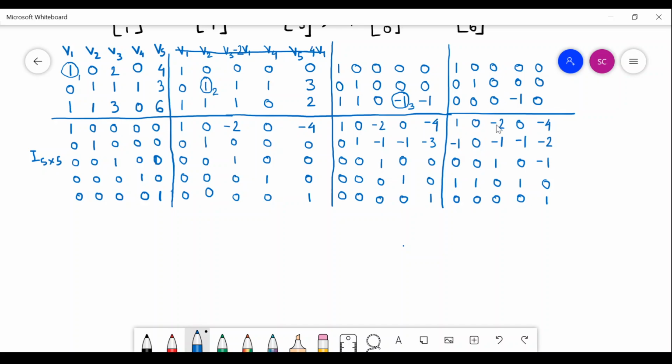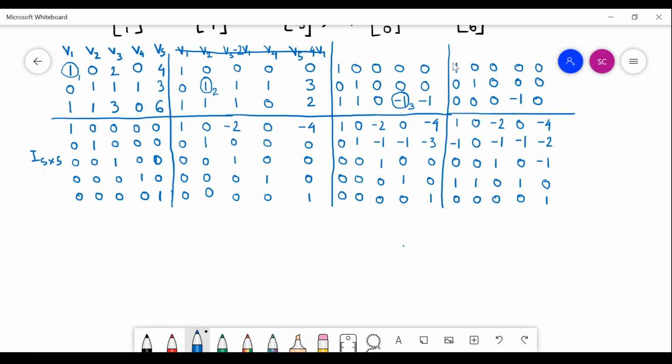It says that minus 2 V1 minus V2 plus V3 is 0, 0, 0. It says that minus V2 plus V4 is 0, 0, minus 1. It says minus 4 V1 minus 2 V2 minus V3 plus V5 is 0, 0, 0. So all this information is stored here.